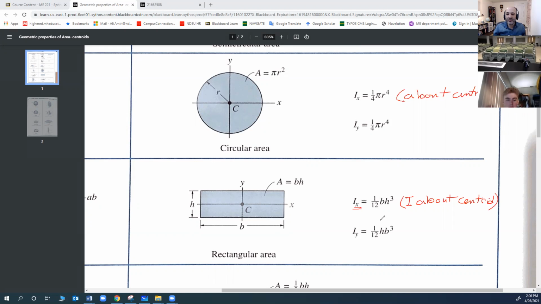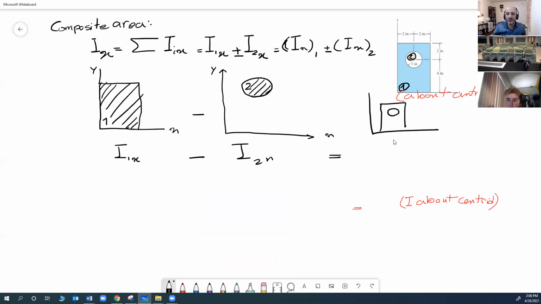So now I know Ix is 1 over 12 b h cubed. Let me go back to this. For this, I about the centroid is going to be 1 over 12 b h cubed, which in this case is 1 over 12, b is this length, 4, h is this one, 6, cubed, and it's going to be in inches to the fourth.